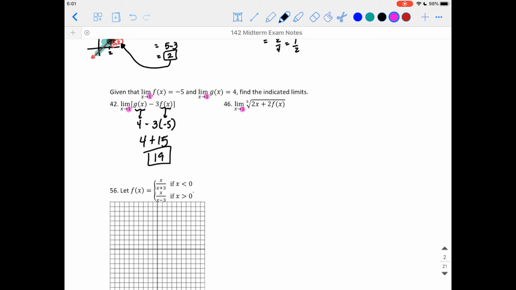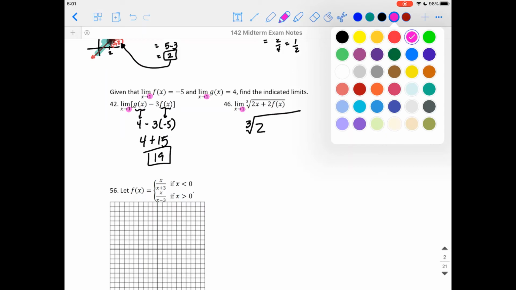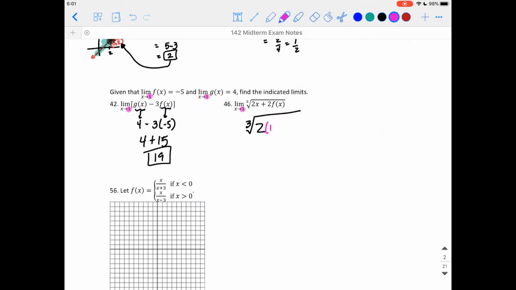So as x approaches 1, it's going to be the cube root of 2 times 1, because x is approaching 1, plus 2 times f of x, and f of x is -5. So this is going to be the cube root of 2 plus, technically -10, so it's going to be -8. And the cube root of -8 is -2.